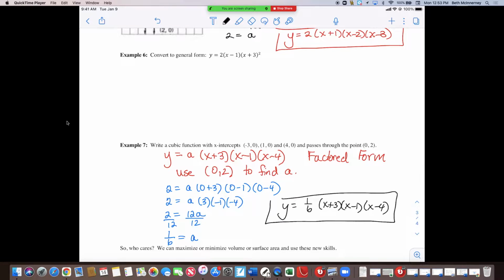So let's jump back now to example 6. If I ask you to convert to general form, watch what I'm going to do. I can distribute and make that 2x minus 2. And I can take x plus 3 squared and make that x plus 3 times x plus 3.